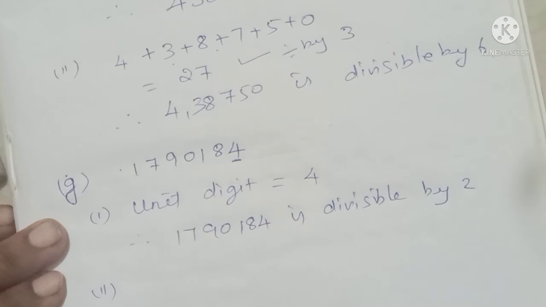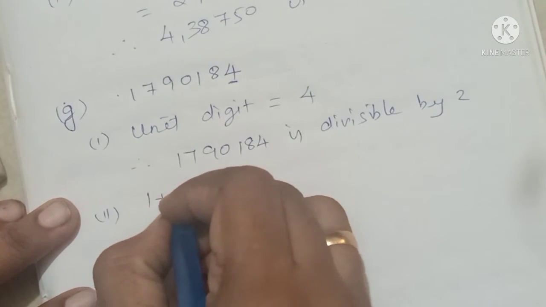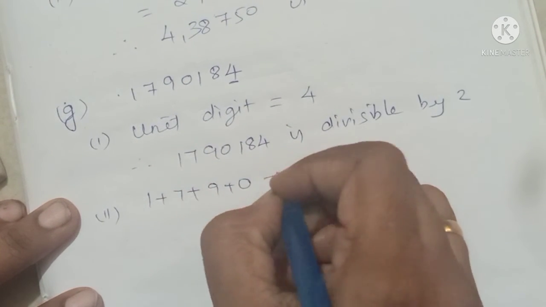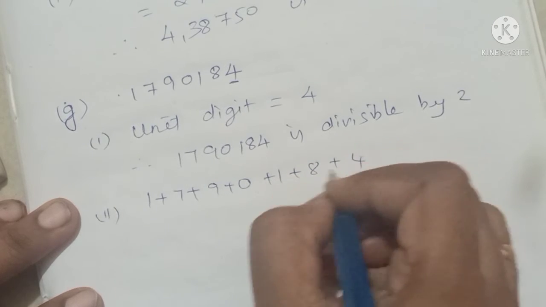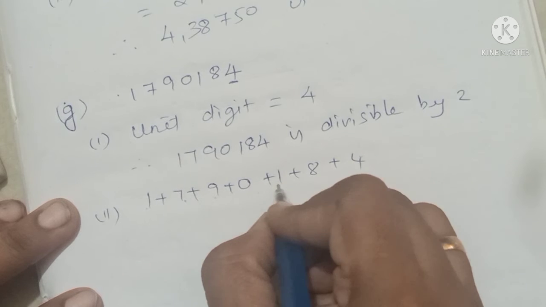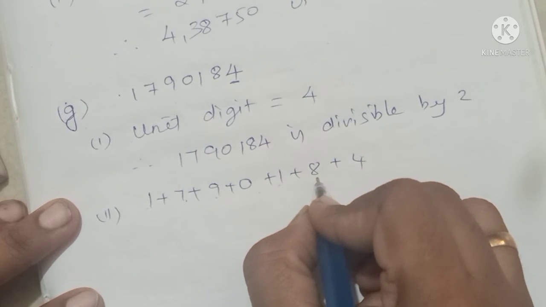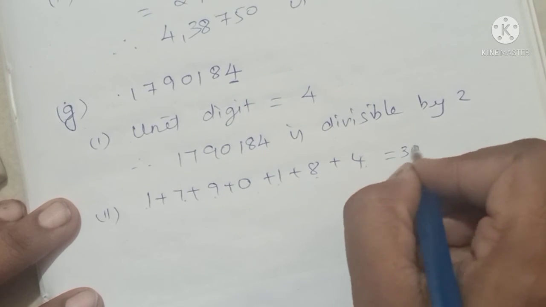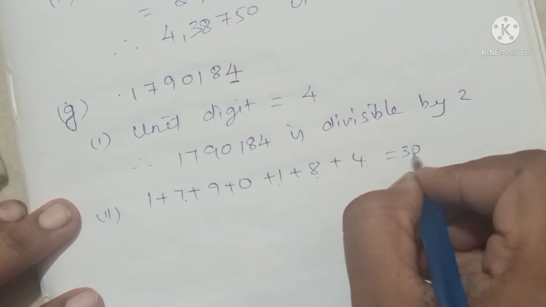For the second test we have to add the numbers: 1 plus 7 plus 9 plus 0 plus 1 plus 8 plus 4. 1 plus 7 is 8, 8 plus 9 is 17, 18, 26, 30. So this is a multiple of 3.